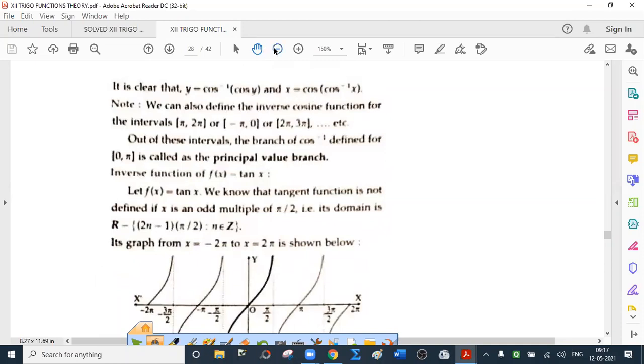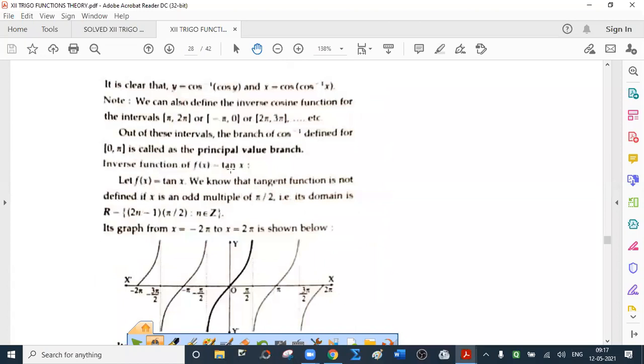Same logic, we can also define the inverse cosine function for the intervals pi to 2 pi or -pi to 0 or 2 pi to 3 pi, etc. Out of these intervals, the branch of cos inverse defined for the closed interval [0, pi] is called the principal value branch. This is very important.